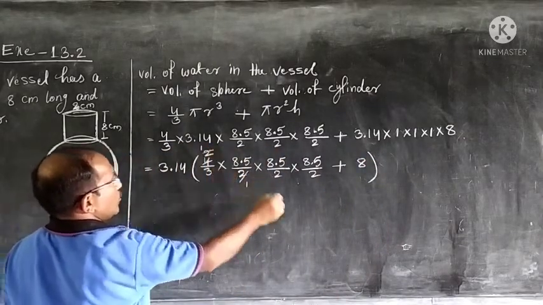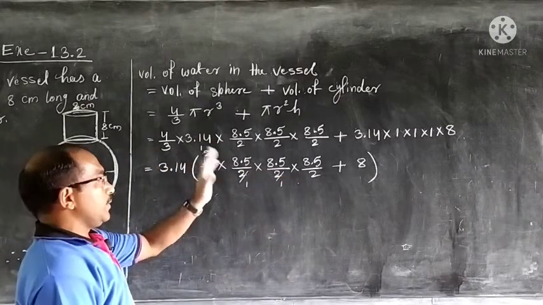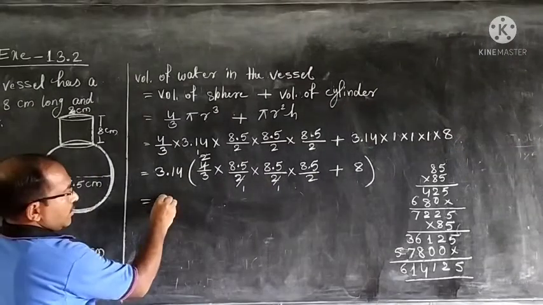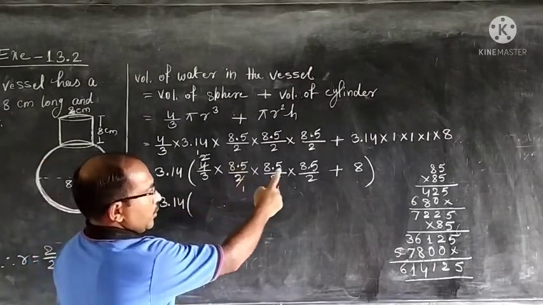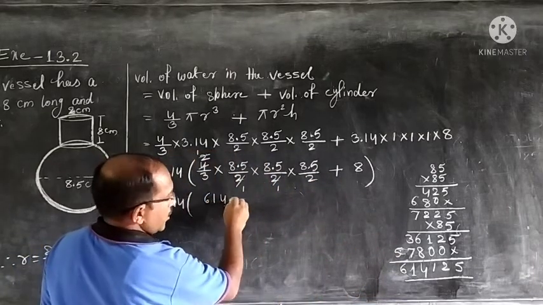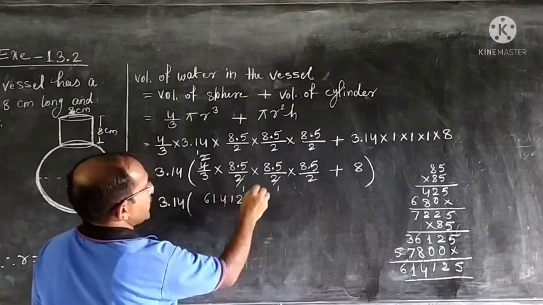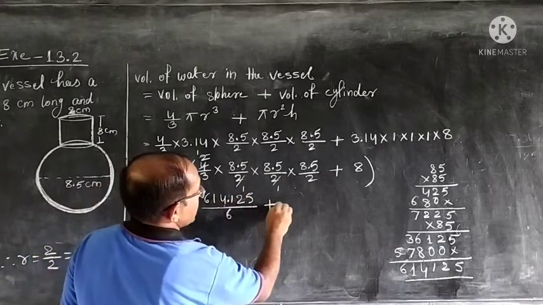Again we can cut, 2 ones are 2. So, 8.5 into 8.5 into 8.5. So, we get here 3.14, 8.5 into 8.5 into 8.5, 614.125 after 3 digit decimal, by 6 plus 8.